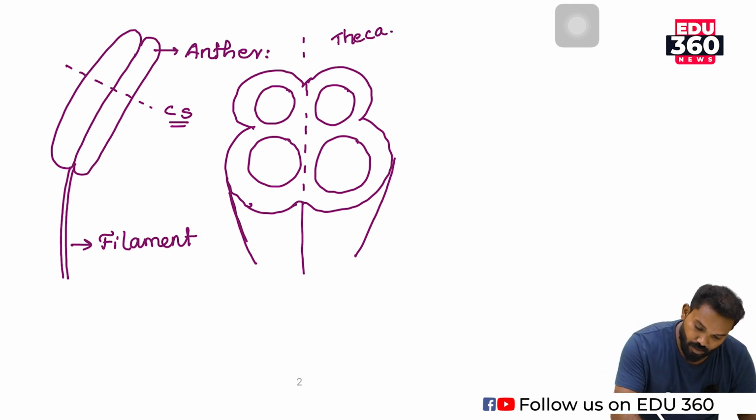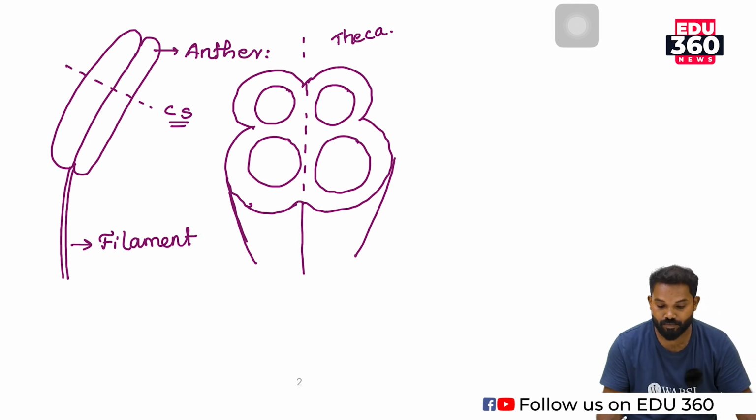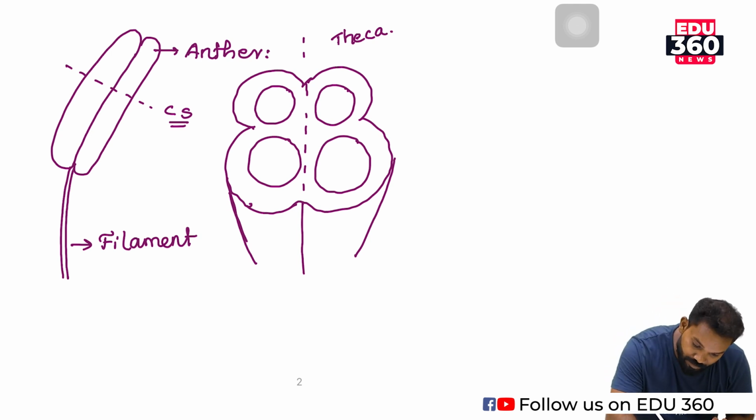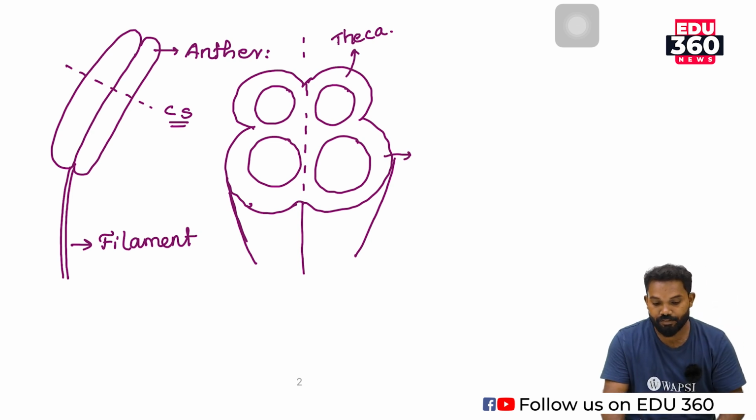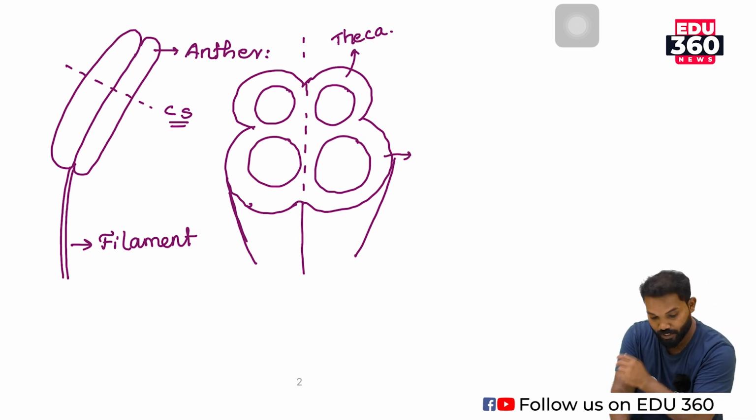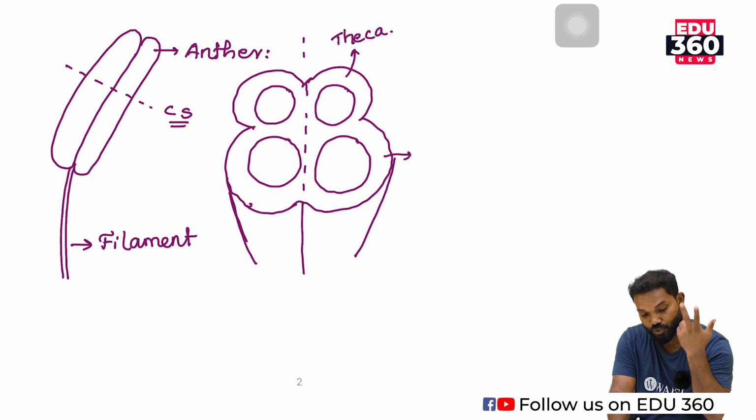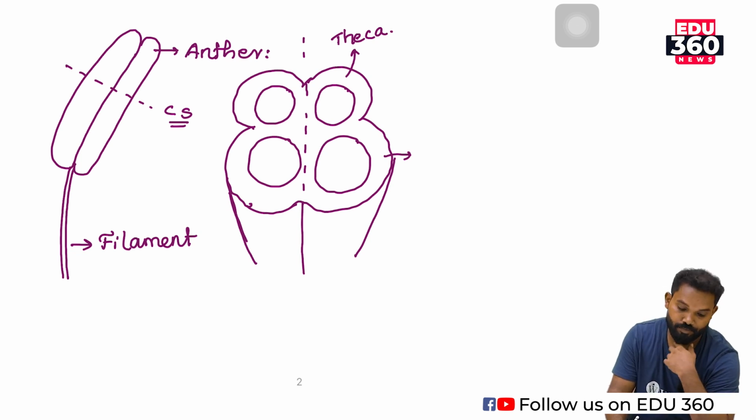Then there are two lobes, bilobed. This one is a theca, this one is also a theca. So each anther has two lobes, and each lobe has two theca.